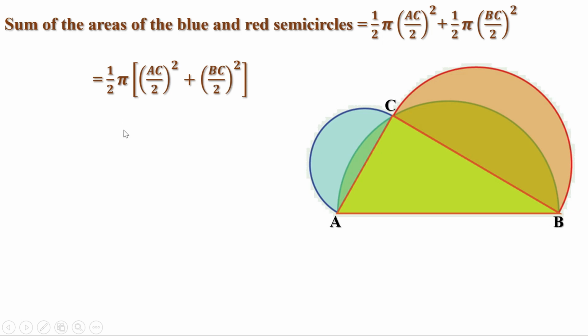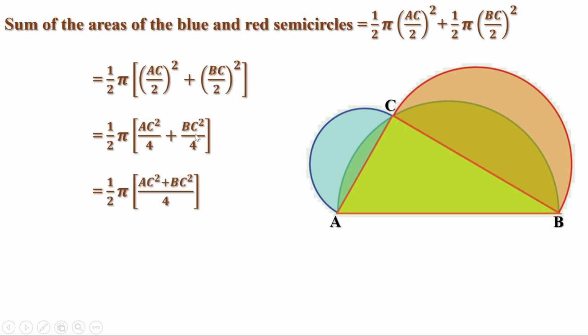So, we can write it as half pi into AC square by 4 plus BC square by 4. Here, the denominators are the same, so let us add together and put the common denominator. So, we can write it as half pi into AC square plus BC square all divided by 4.